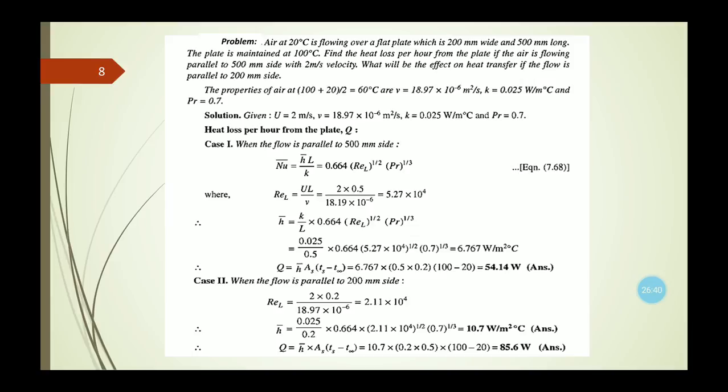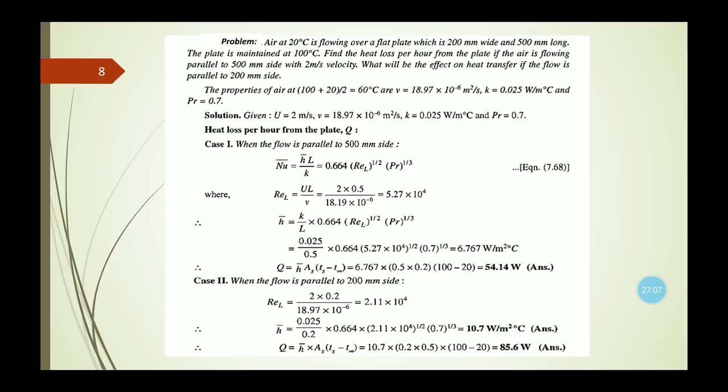Now to calculate the heat loss per hour from the plate, for the first case, when the flow is parallel to the 500 millimeter side, we need to calculate the heat transfer.